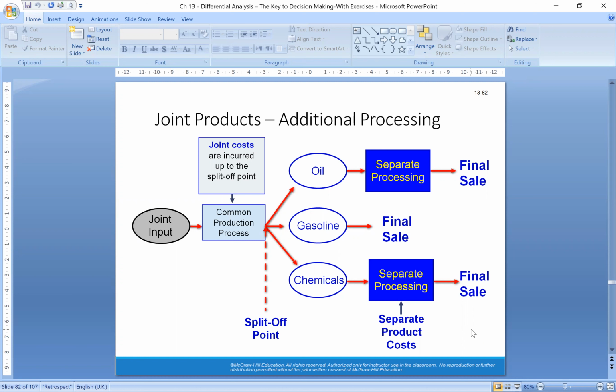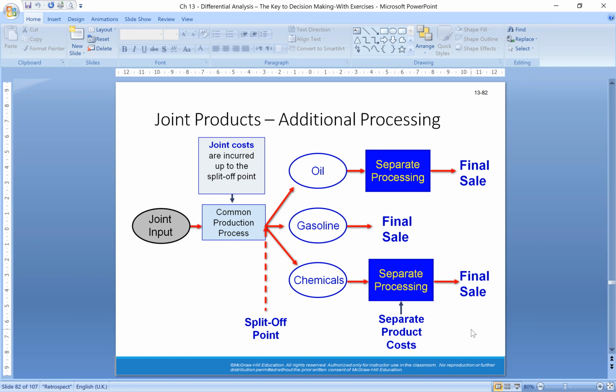Now we are comparing between two things again, the revenues recognized and the costs happening after processing. Good. If we have a positive number, this is an advantage, so go further for the oil. Gasoline we don't need further, so it should be sold at the split-off, right?